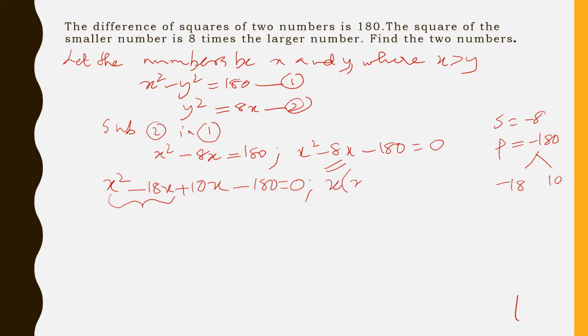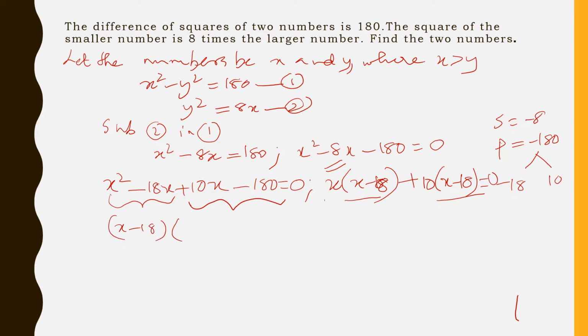So x into x minus 18 plus, from the next two terms, we can take 10 as common factor. So 10 into x minus 18 equal to 0. So x minus 18 is a common factor. So we will take it in one bracket and the remaining term, that is x plus 10, in the second bracket. So these are the factors and this is equal to 0.